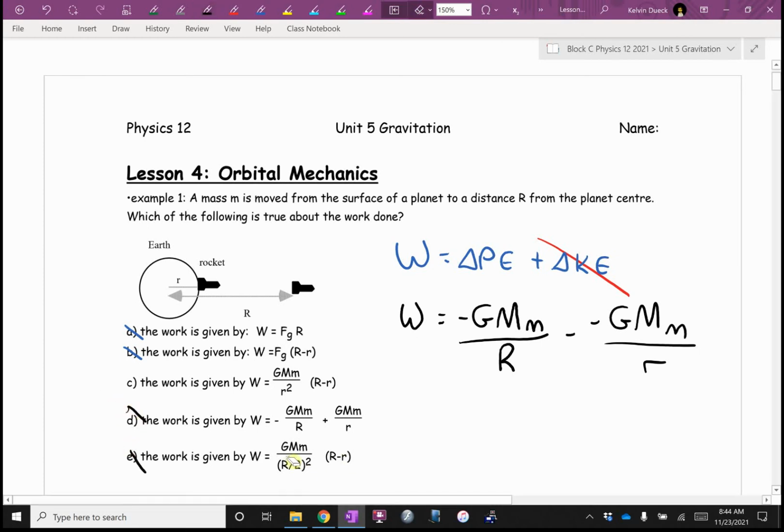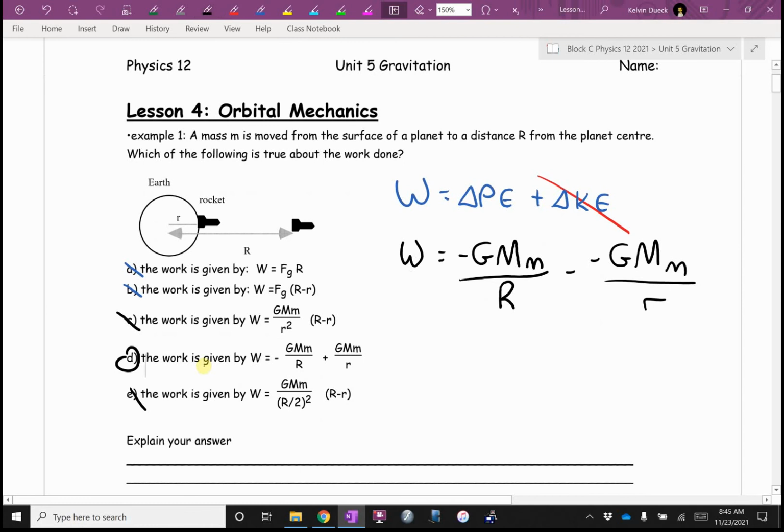I had somebody the other day ask, Mr. Dewick, why can't I factor some of this out? And I showed them, you know what? Sorry, I crossed out the wrong one. I crossed out C, meant to be D. There is one way to write that factored. If you really wanted to factor it out, it would look like this.